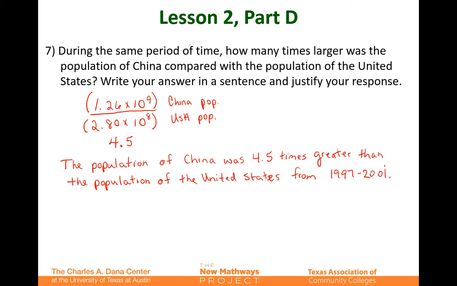The populations might not have had that exact same ratio if we were looking at a different time period, so we want to be specific.